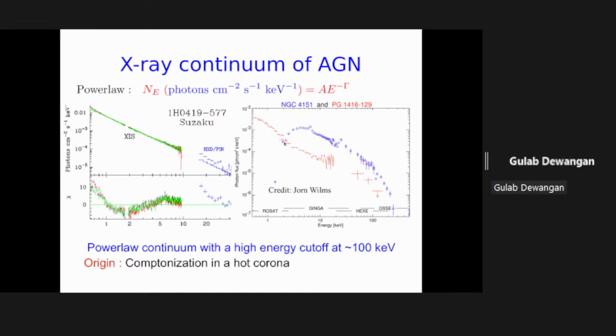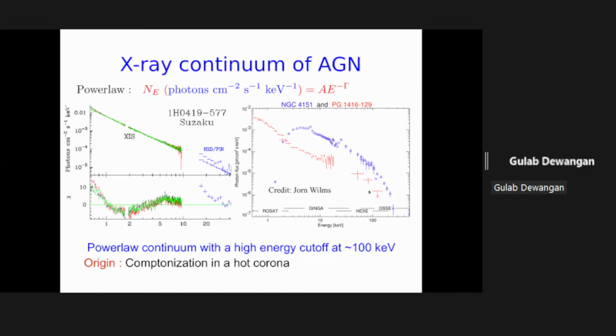First of all, below about a few keV, below about 2 keV, there is an excess emission that we call soft X-ray excess emission. While at high energies, above about 100 keV or so, the power-law spectrum does not seem to continue to very high energies.